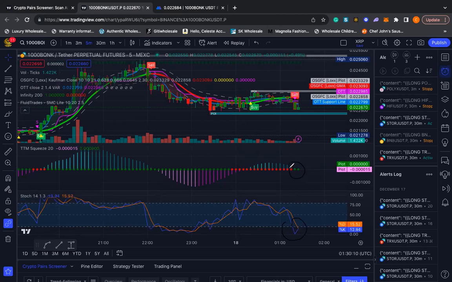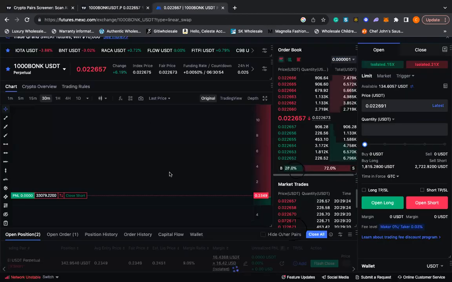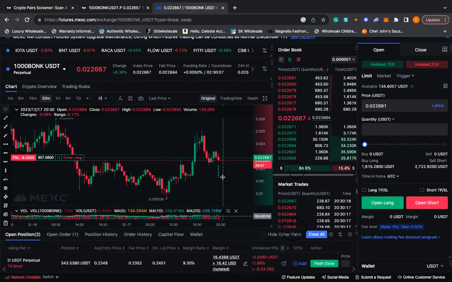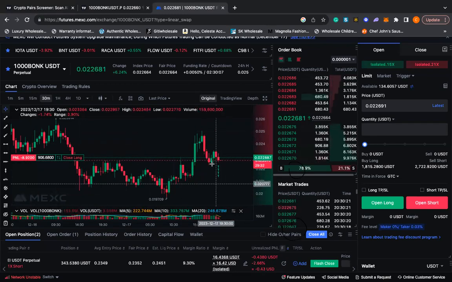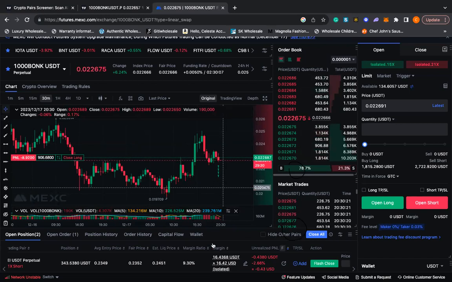Also, you can see right here the indication on your TT and squeeze. And this green candle right here, we're getting ready to go right back up in the market when it comes down to that play, 1000 Bump. Also, on your Mexi account, you can see by the Mexi indicators right here where we're getting ready to go back in the market.